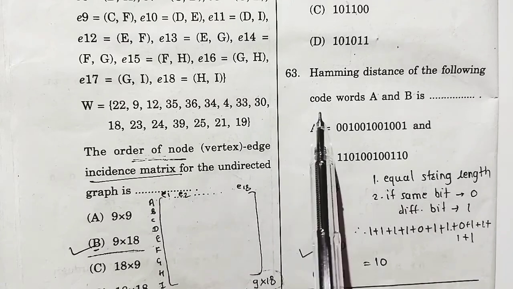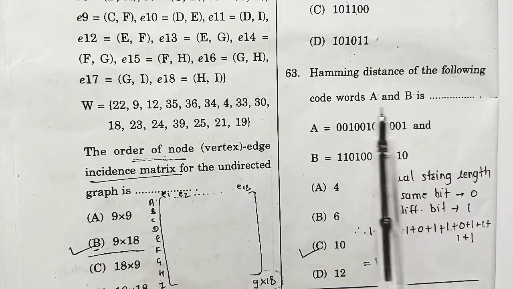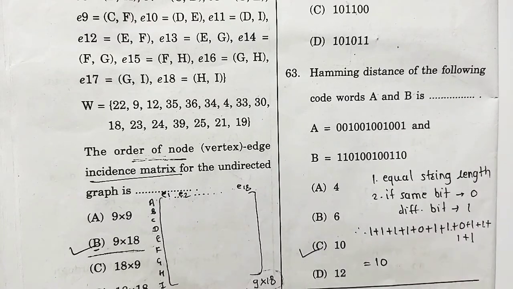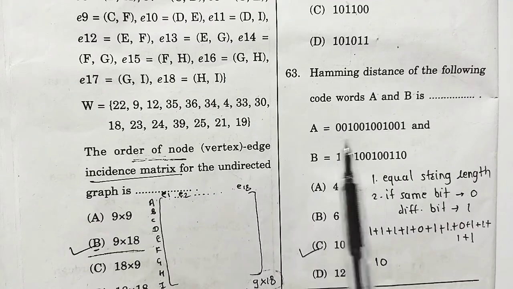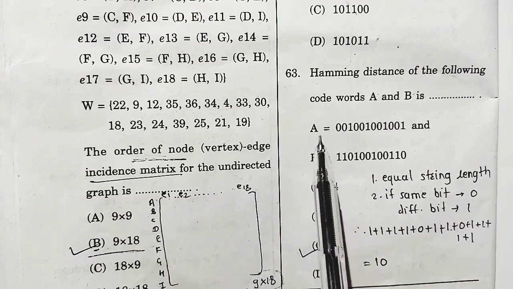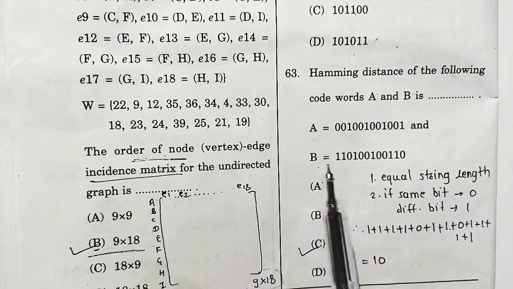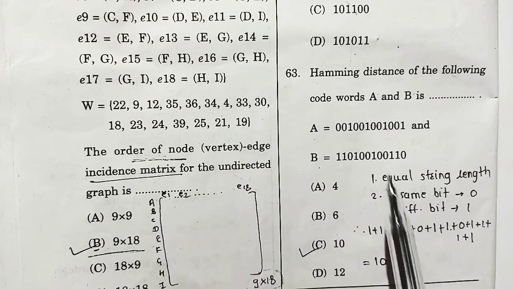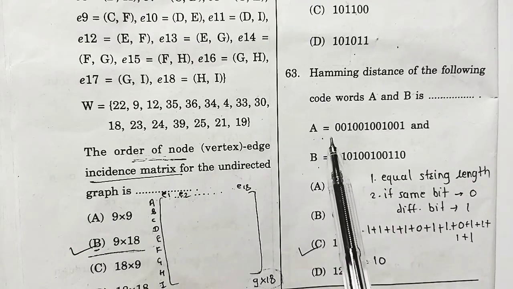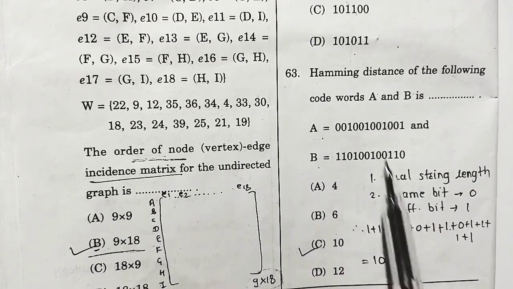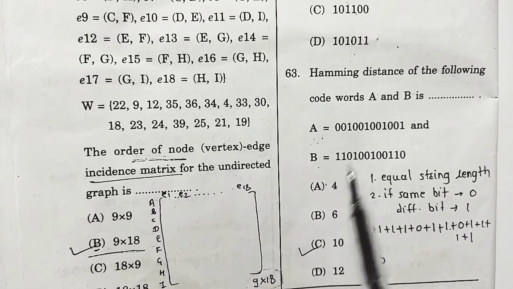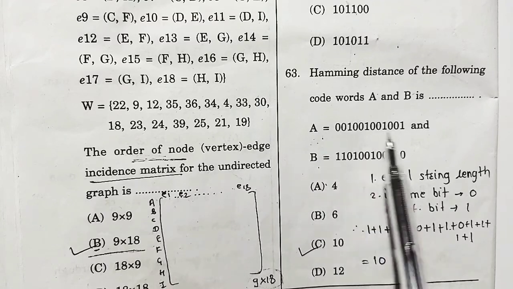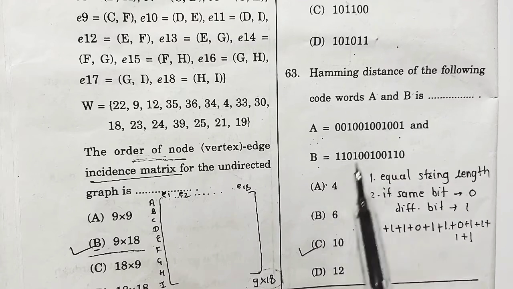Question number 63. Hamming distance of the following code words A and B is. It's a very simple question. We are given binary digits for code words A and B. Now, how to find Hamming distance? Step 1: the string length should be equal for both code words A and B. Just check the number of digits here and here.